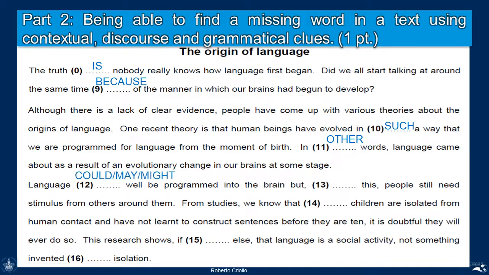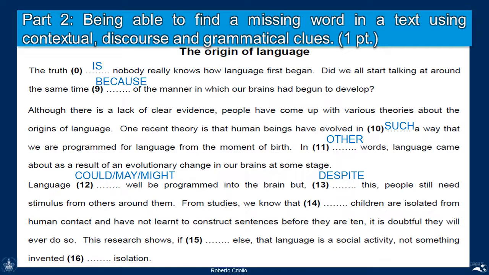Language could well be programmed into the brain, but... and then we need something to make a contrast. In other words, we need to find an opposition, and a connector that shows opposition is despite. So, but despite this, people still need stimulus from others around them.